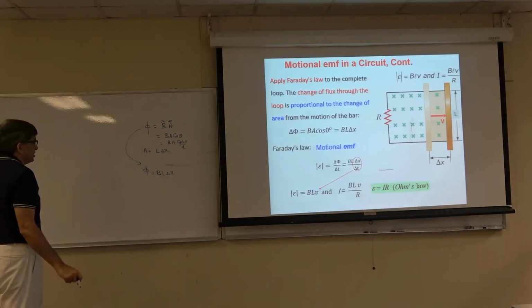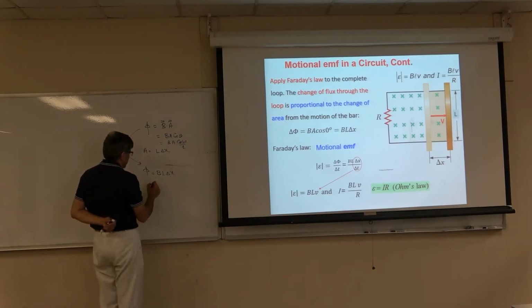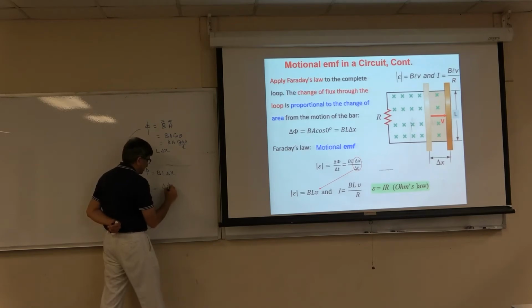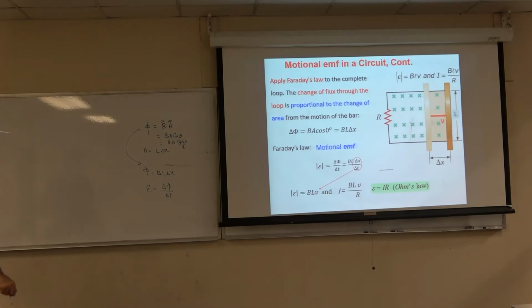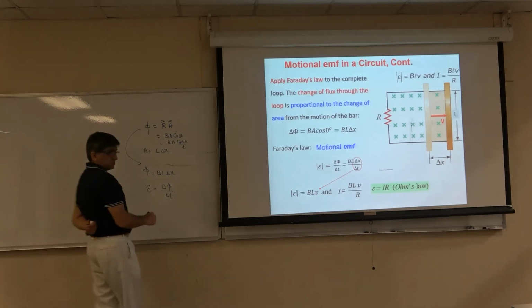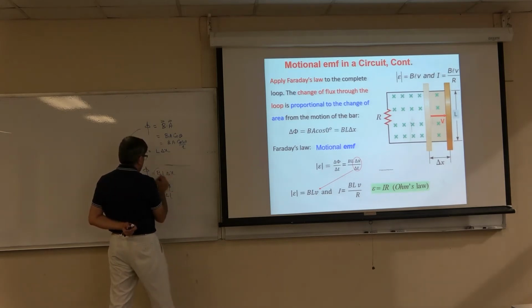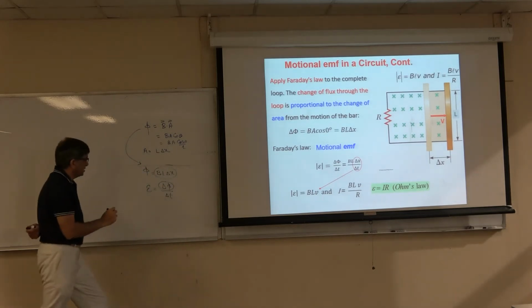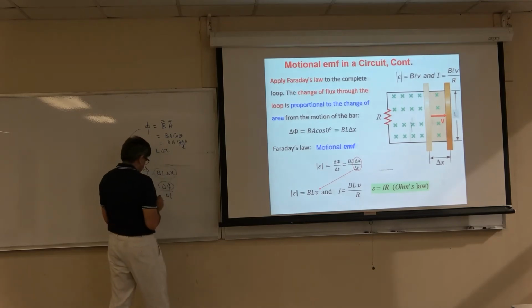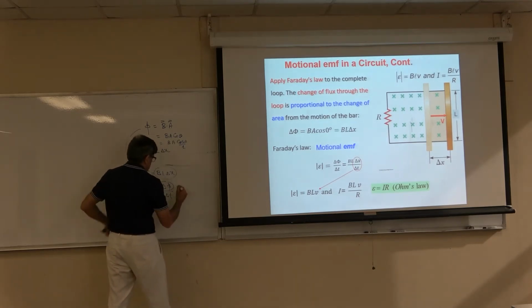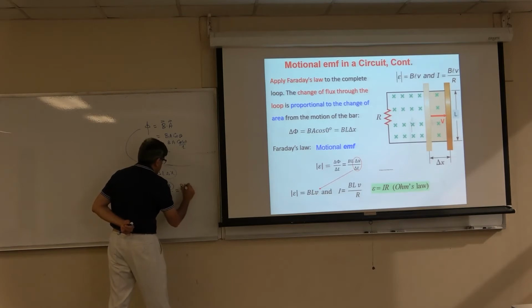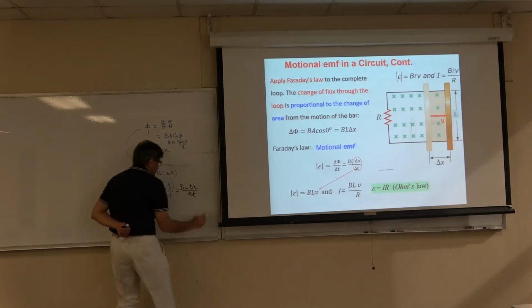Now the induced EMF, according to Faraday's law, is equal to the change in the magnetic flux with respect to time. Let's see the change in the flux. I plug that in over here, and that gives me B L delta x over delta t.